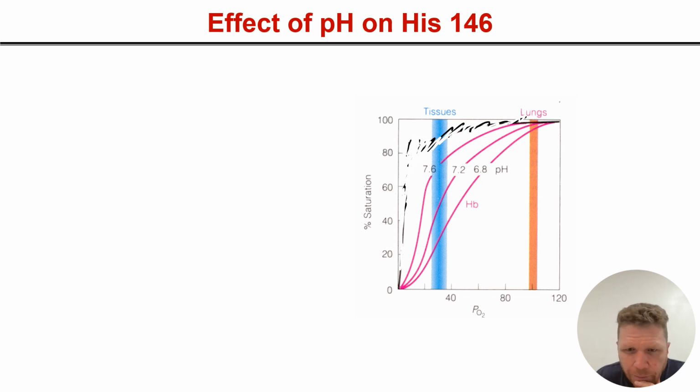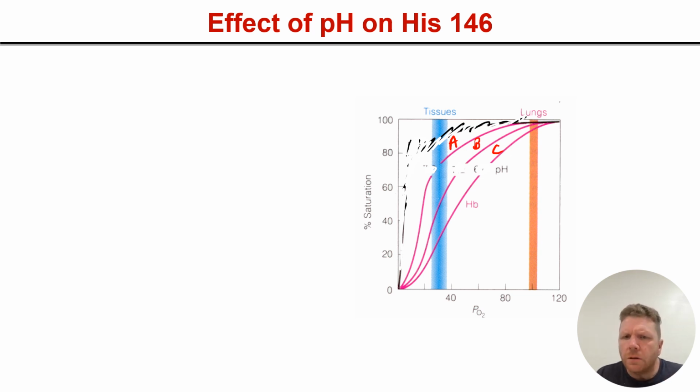Now let's take a couple of these proteins and I'm going to basically block this out. And instead I'm going to label these proteins as A, B, and C. Okay, so those are three different proteins, protein A, B, and C. They're all hemoglobin.